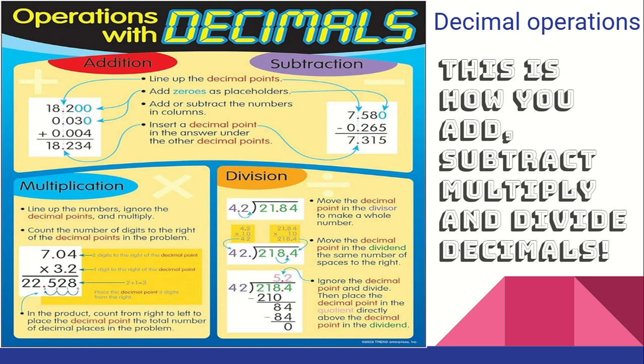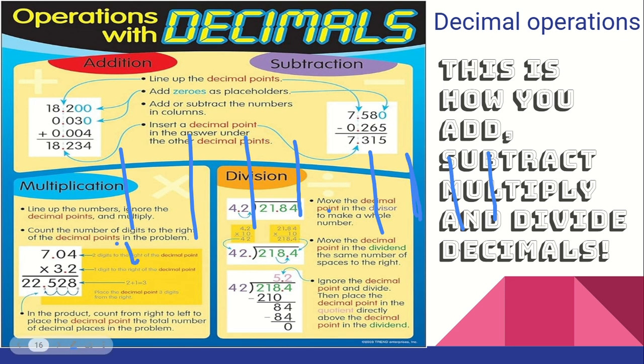So if you got 1111.1111, this is the thousands, this is the hundreds, this is the tens, and this is the ones.